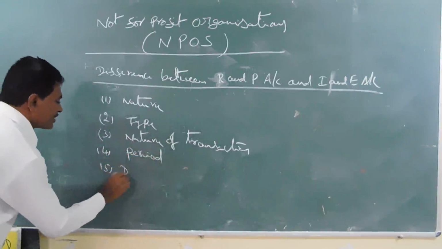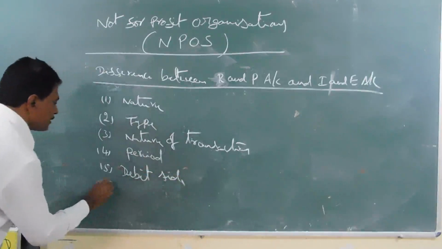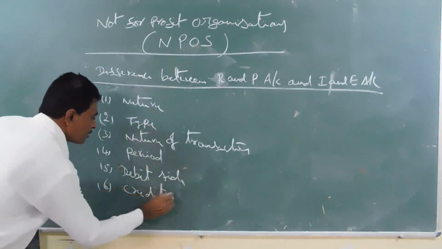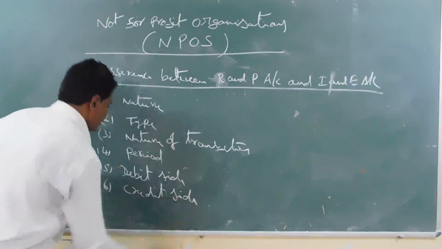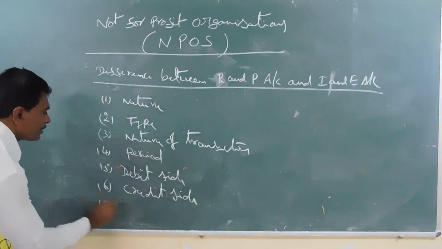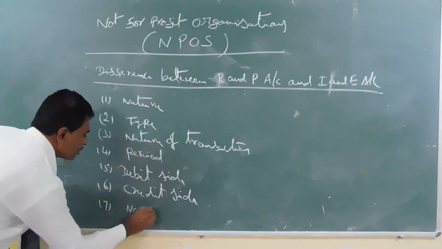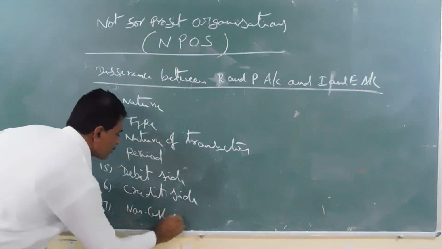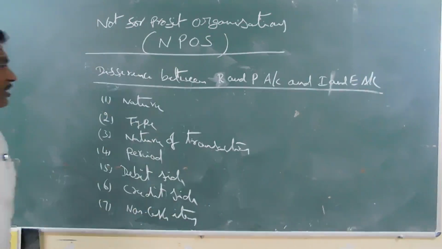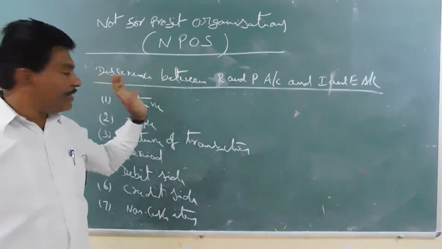Fifth one, debit side. Sixth one, credit side. Seventh one, non-cash items. So these are some of the differences between receipts and payments account and income and expenditure account.